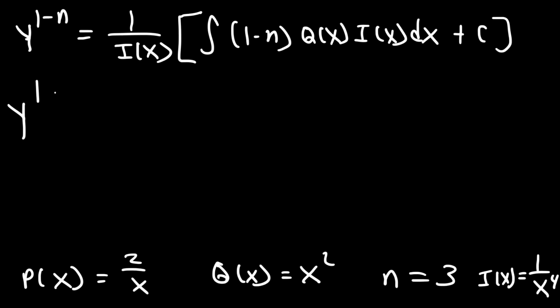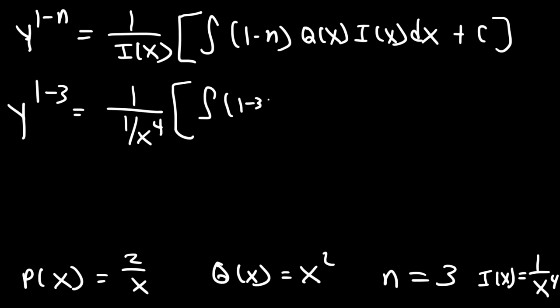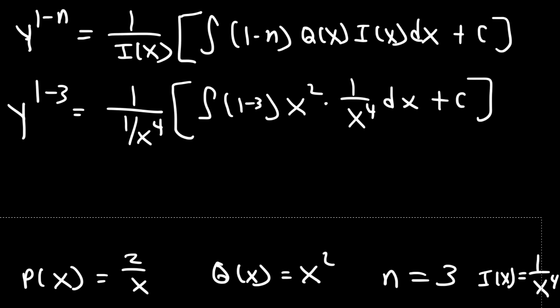So that's y raised to the 1 minus 3. And then 1 over I of x. I of x is 1 over x to the fourth. And then we have the integral of 1 minus n, so 1 minus 3. Q of x is x squared. And then I of x, which is 1 over x to the fourth. So we don't need this anymore.